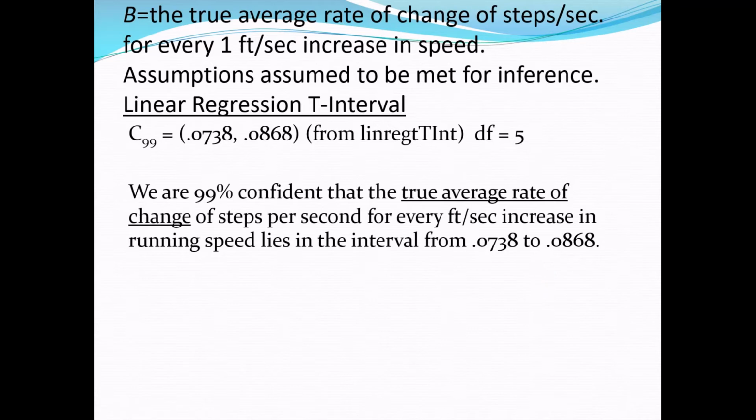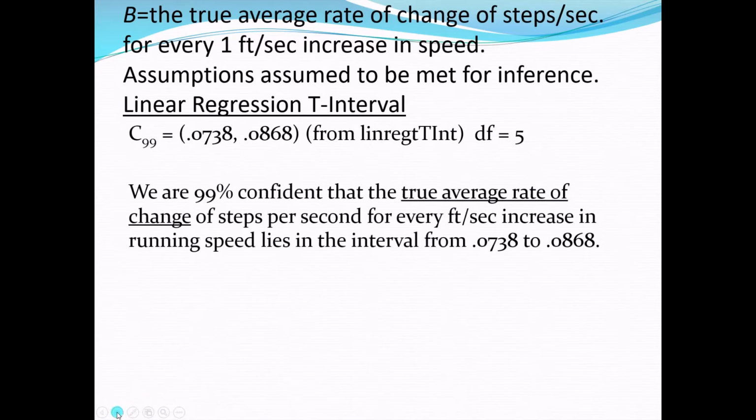If we've spared you from having to do the assumptions and you can crank this out in your calculator, the least I can get from you is a correct interpretation. All right, if you leave that off, what to do? All right, but remember, this is a slope, so true average rate of change of something, okay, per something.